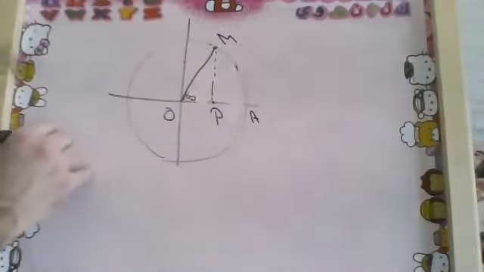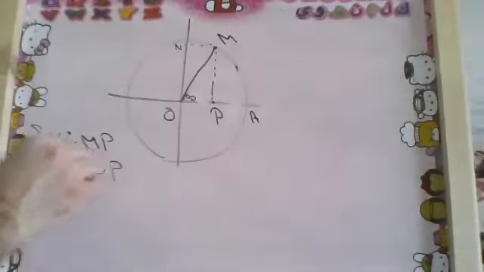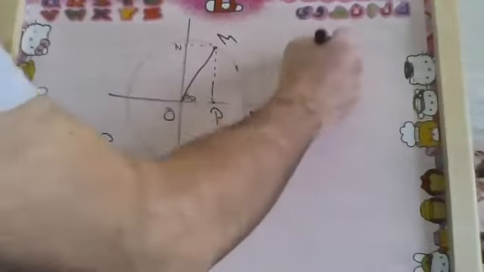Here we have point P. Sine 60 is equal to MP, and cosine 60 is equal to OP. Don't forget, trigonometric circle, so the radius is 1. It means that OM is equal to 1.